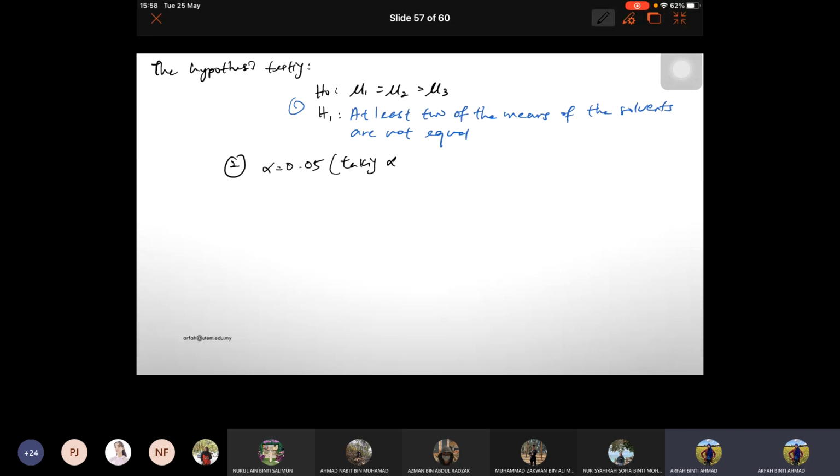Taking alpha equal to 0.05 sebab ini adalah dia punya standard. Okay. So from here step ketiga, P value from Anova Table awak akan dapat sama dengan berapa tadi?